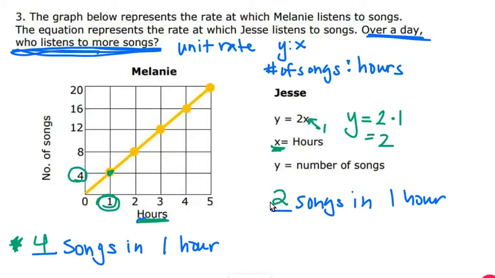It's because everything's a ratio. In real life, this isn't how it works, but for these situations, Melanie listens to 4 songs every hour. Jessie listens to 2 songs every hour. Melanie will always have more songs that she has listened to. And that's it.